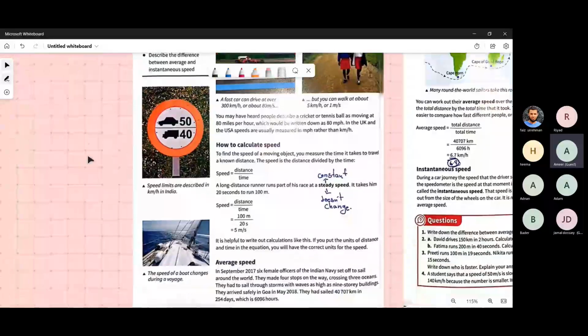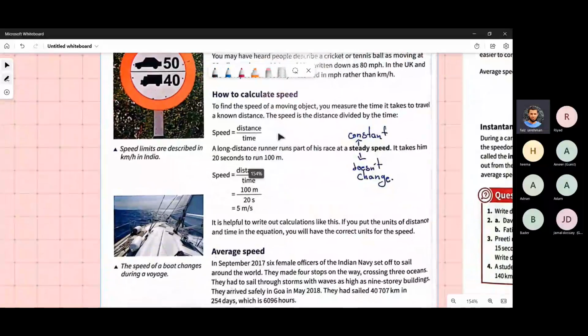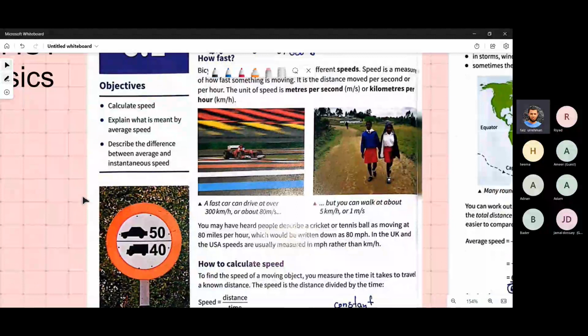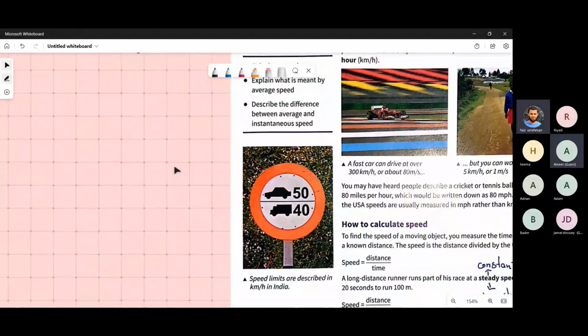So this is the basic formula. Speed is equal to distance over time. And we have to take care that the units are maintained. Okay, where is my pen? Okay, what do I mean by units are maintained?